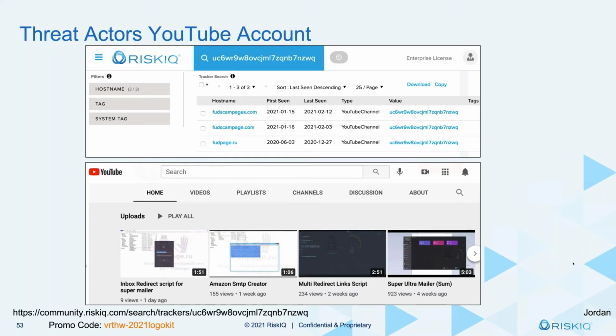We have them for several different things. Telegram is one, YouTube channels are another. It's just a way of seeing where particular user accounts or different indicators appear on what websites. So this one, we've got a YouTube channel that has appeared on fudpage.ru, FUD scam pages, fudscampage.com.